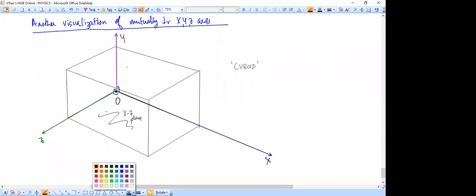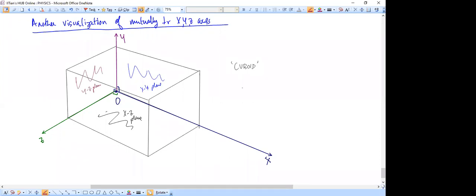This plane in front, this is your xy plane. And this plane to the side over here, this is your yz plane. So those are the three mutually perpendicular planes. They can be any ones, but they have to be mutually perpendicular.